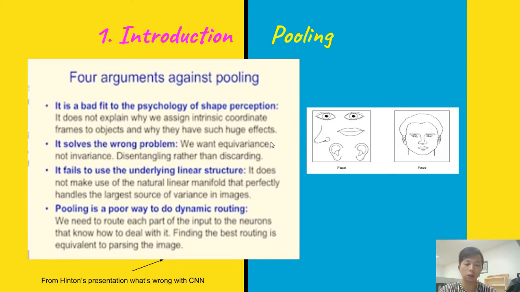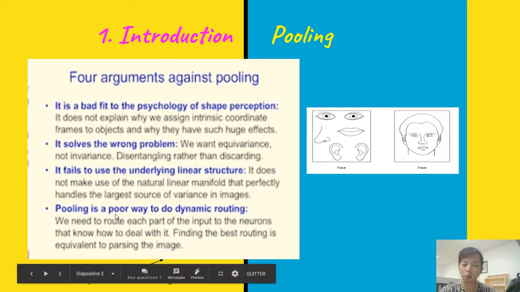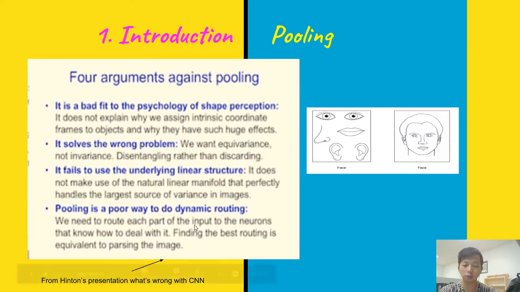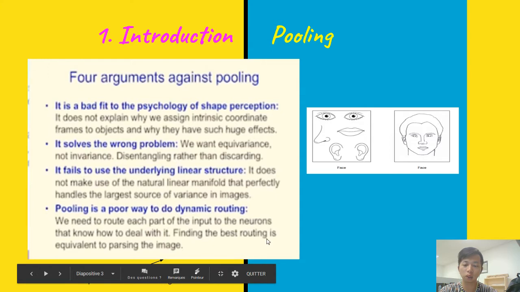Equivariance is when the property of the object changes, the property of its representation should change in the same way. The third one is it fails to use the underlying linear structure. We want a face like this, not a face like this. The last one is pooling is a poor way to do dynamic routing, because finding the best routing is equivalent to parsing the image.